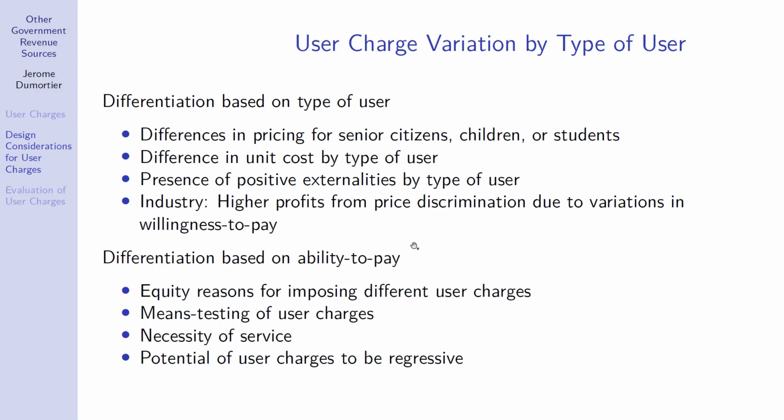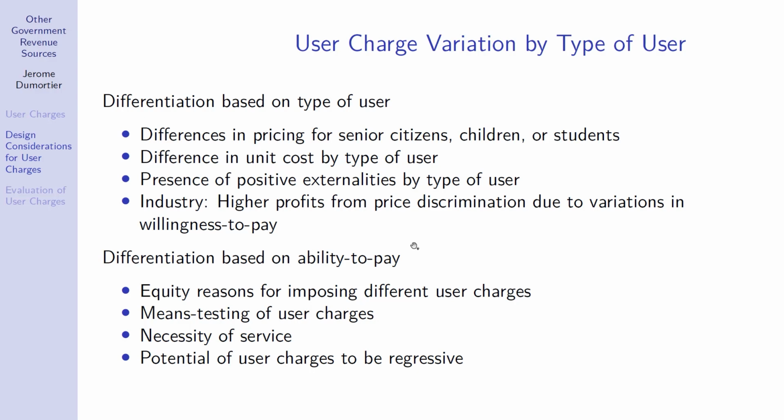Okay. In industry, knowing that there are consumers that have different valuations of the goods and differences in willingness to pay leads to price discrimination in private industry, and this price discrimination actually leads to higher profits. It could also be the case that there are differences in the unit cost of providing the service depending on the type of user.